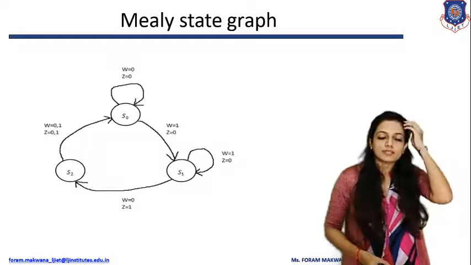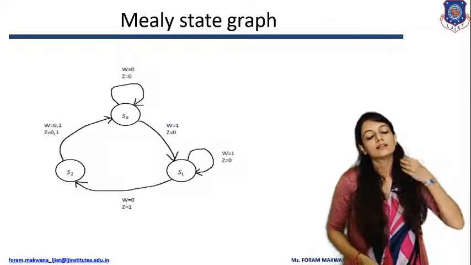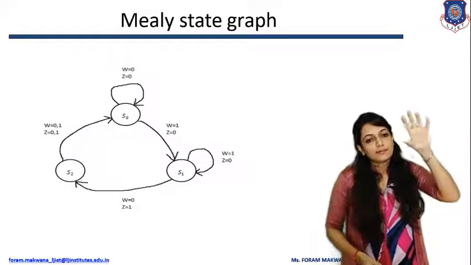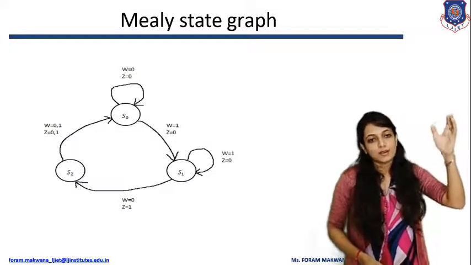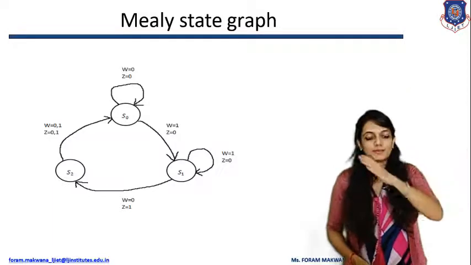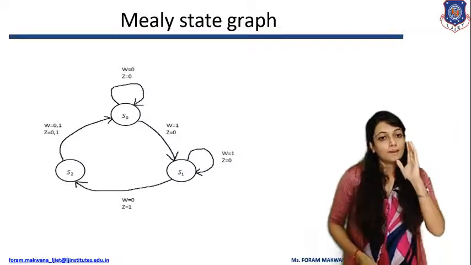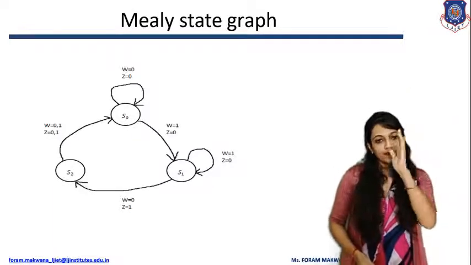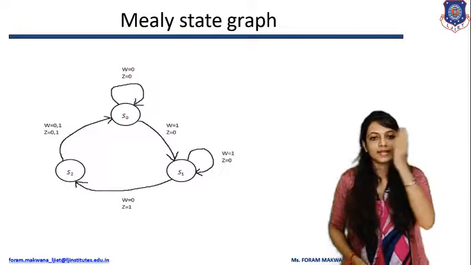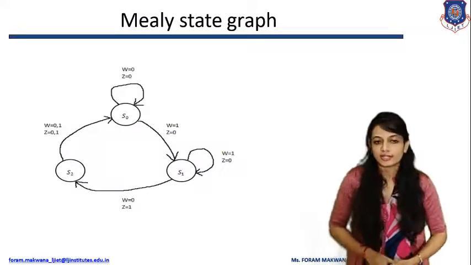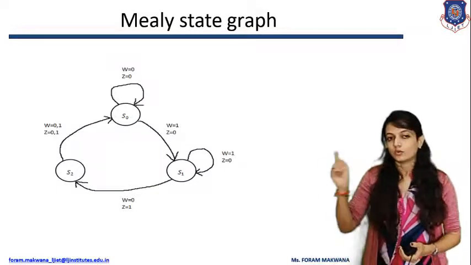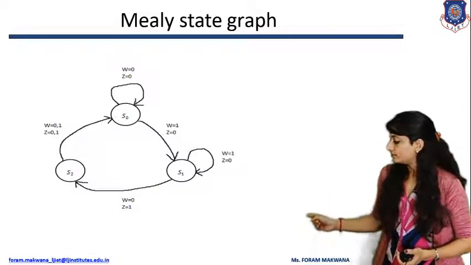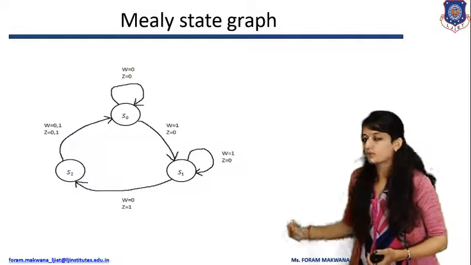Now, from this, we can conclude that if my input is equal to 0 and my present state is 00, my next state is the same as my present state. But if input is equal to 1, my next state is going to be changed, that is S1 over here.